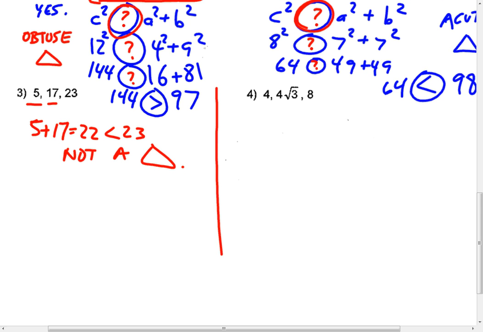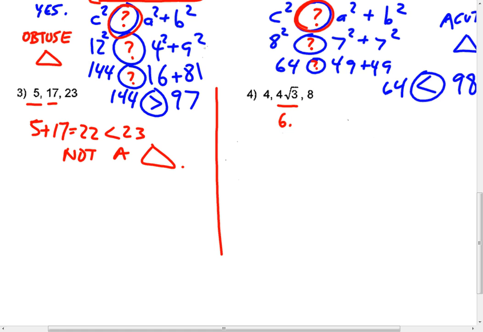Next one has a radical. To start off with, it would be a good idea to have an approximation in your head of what this actually looks like. So on your calculator, do 4 times radical 3. Get a decimal approximation in your head. What is it?